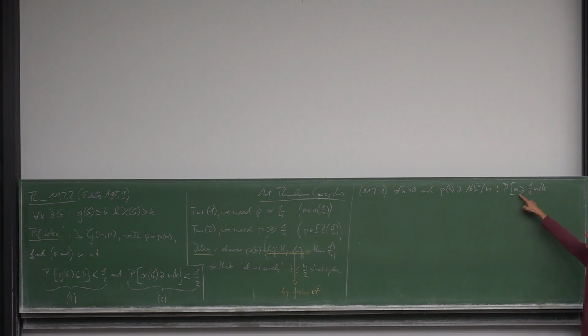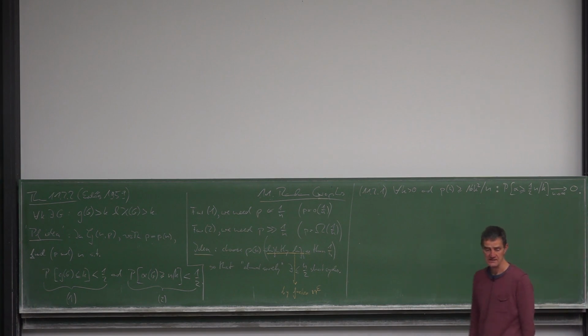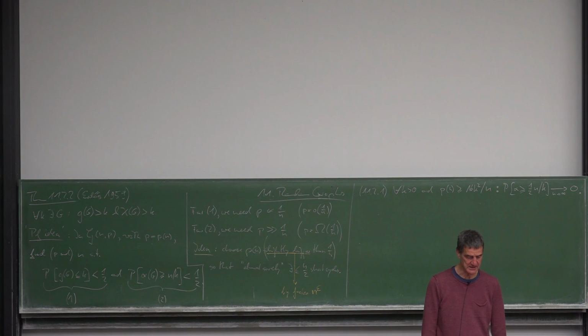We count as large something only half the size already than what G will be like, in order that the other half will still be large. So that goes to 0 as n goes to infinity. Right, and that's just calculation. It's easy. You can read it in the book. You don't have to learn it.